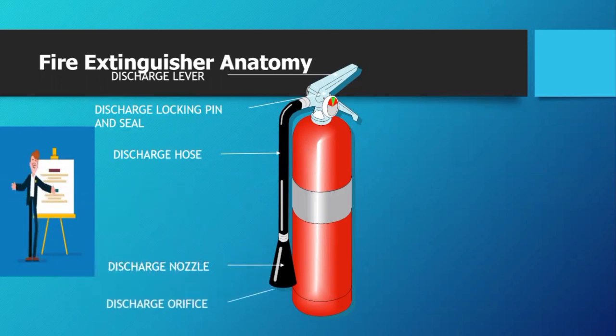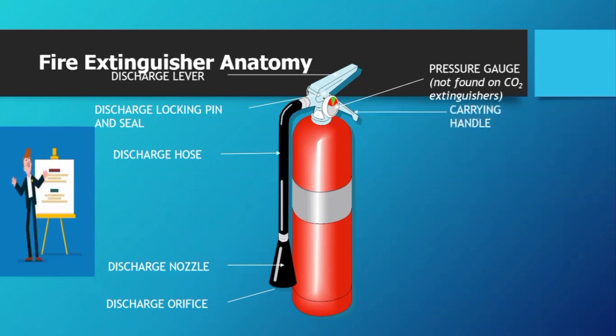That is the discharge orifice. That is a pressure gauge, but some fire extinguishers don't have this kind of pressure gauge. Carrying handle. This is where it will show whether or not this fire extinguisher has undergone the examination. And this is the body.